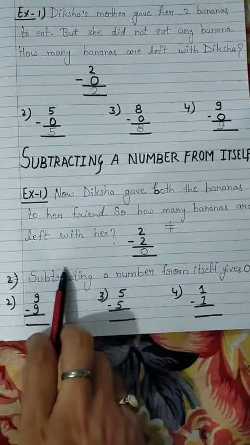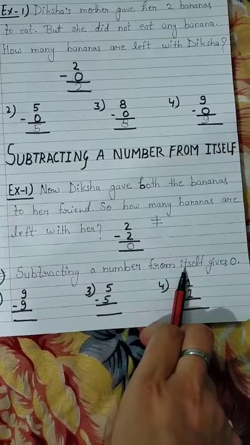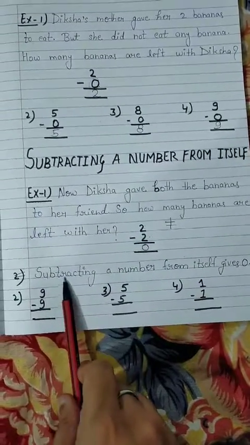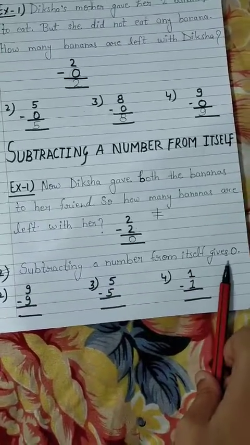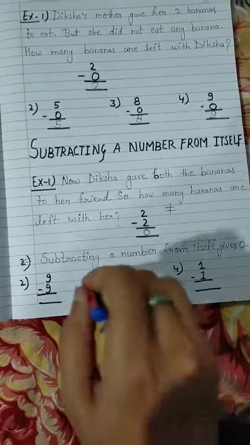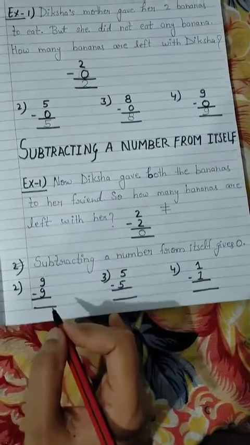So student, when we subtract a number from itself, it gives 0. Again, subtracting a number from itself gives 0. Now some more examples of subtracting a number from itself. So student, 9 minus 9.